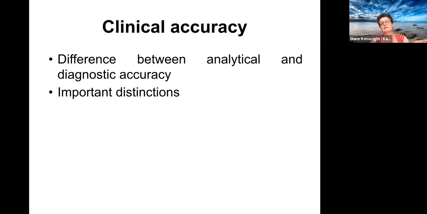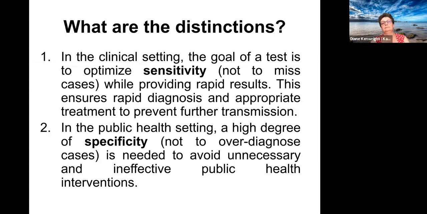All right, so the difference between analytical and diagnostic accuracy. Okay, what are the distinctions? In a clinical setting, we want to not miss cases, right? So we optimize for sensitivity. If you've got someone with a suspected aspergillus in the eyeball, you want to detect 100% of these cases very, very rapidly, okay?